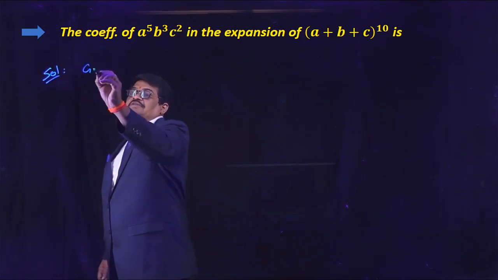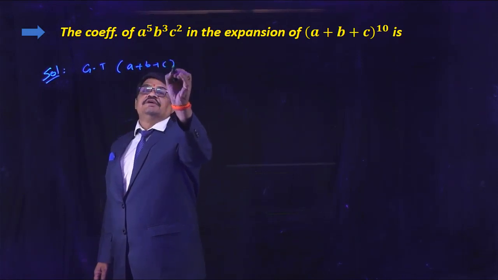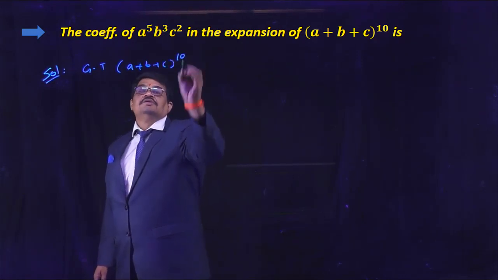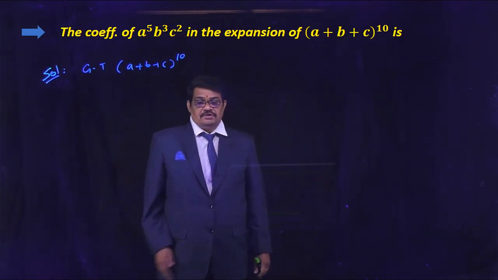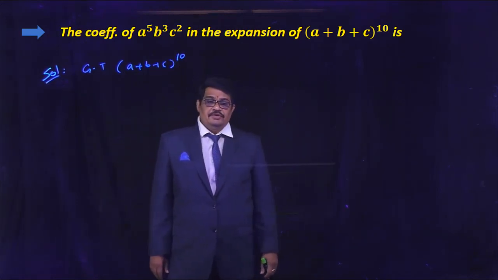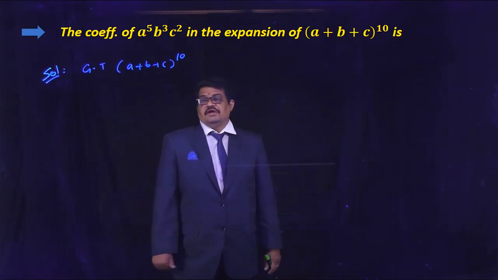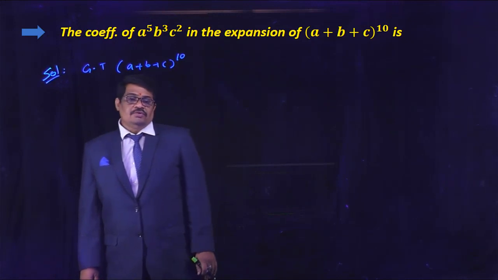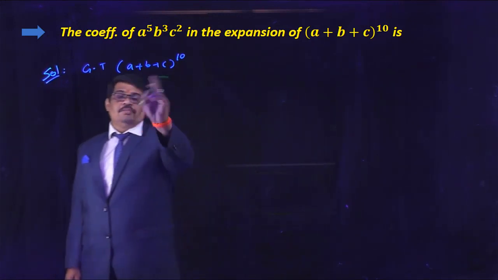What is the given expression here? That is a plus b plus c whole power 10. Now in that expansion, we have to find the coefficient of a power 5 b cube c square. Okay, now we are writing the general term for this trinomial expression.